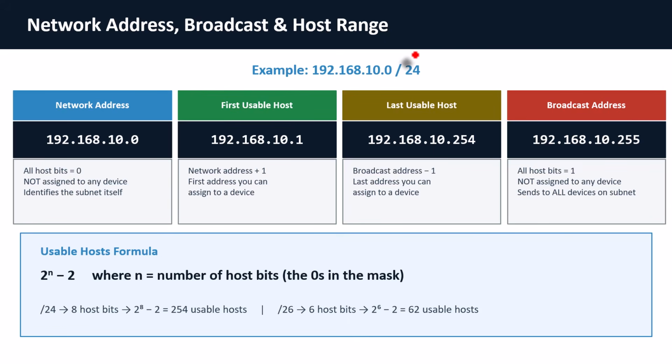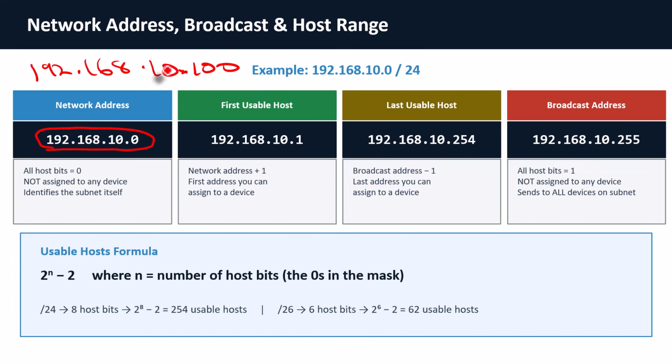And for you to know this, you can get any IP address, and then that IP address, the subnet part remains the same, and then all the host portion is changed and is represented by 0. An IP address, for example, like this one. If they have given us this IP address, this can be a network address for 192.168.10, let's say 100.